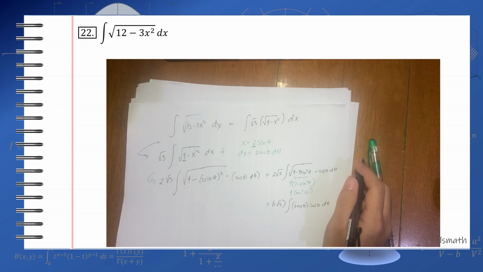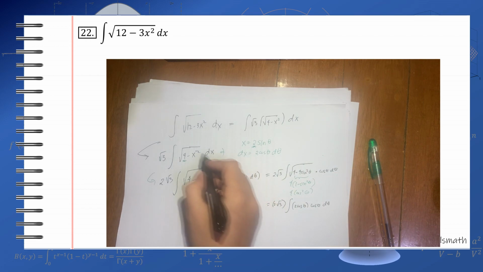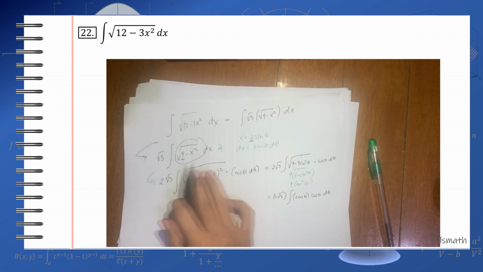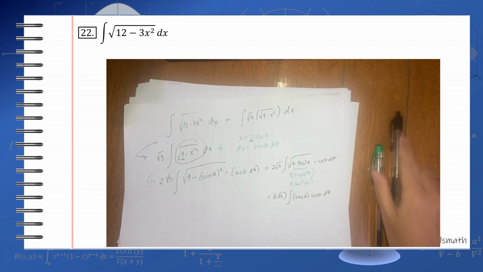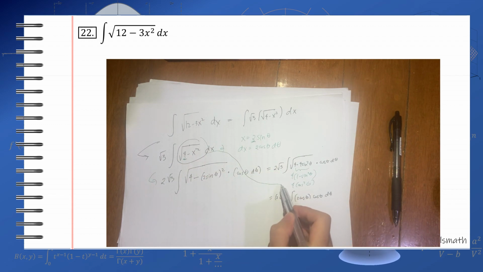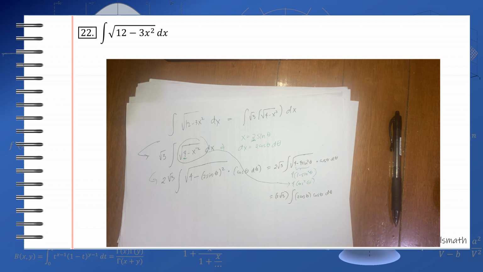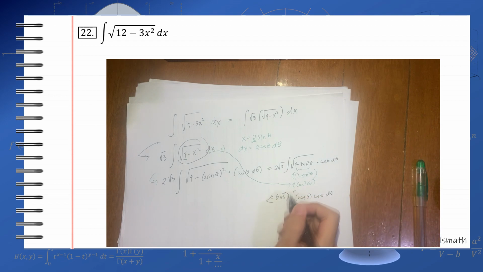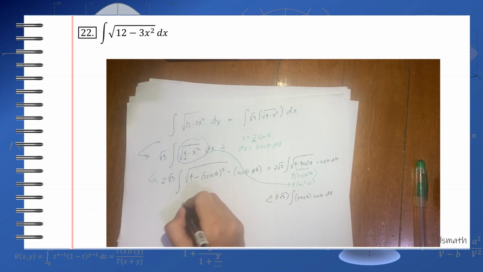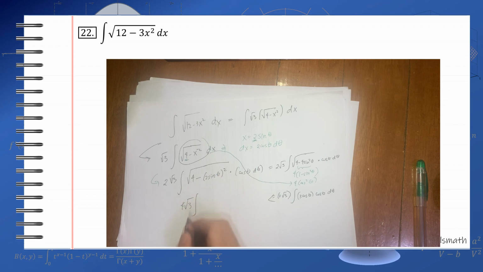Remember, whenever you do trigonometric substitution, the radical should simplify to a trigonometric expression that is free of the radical. It should be a square or something. Okay, moving on. I'll factor out the 2 again, so this becomes 4 square root of 3 integral of cosine squared theta d theta.